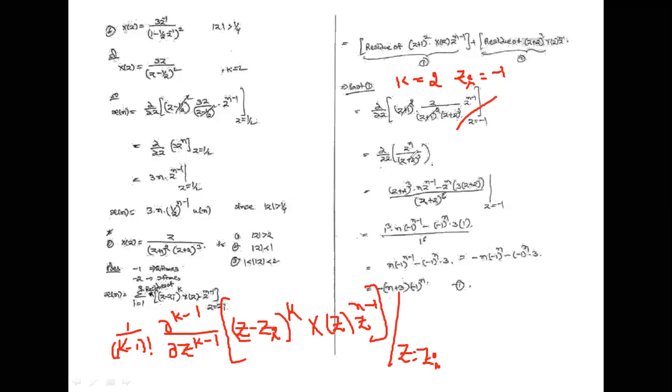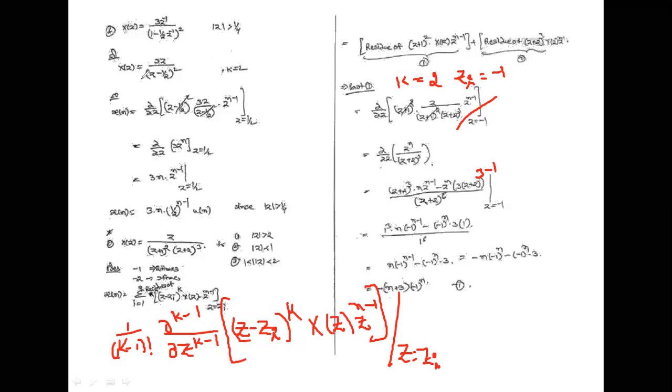Now it is in the form of the u by v rule. Take v first, z plus 2 whole cube, and apply the derivative of u, n into z power n minus 1, minus u into the derivative of v, that is 3 into z plus 2 whole power 3 minus 1, which is nothing but z plus 2 whole square.